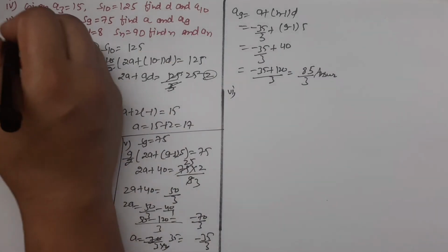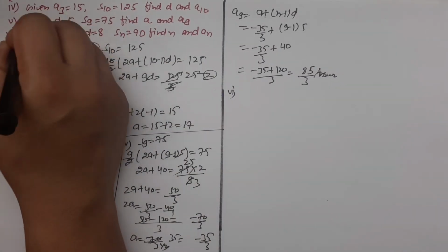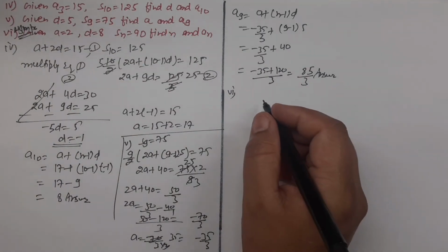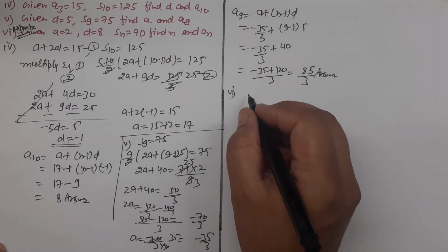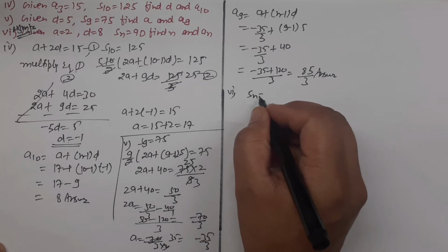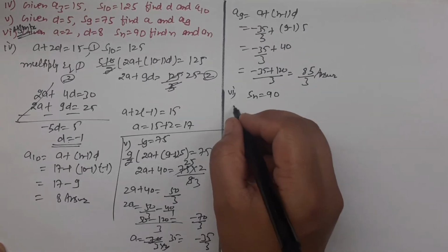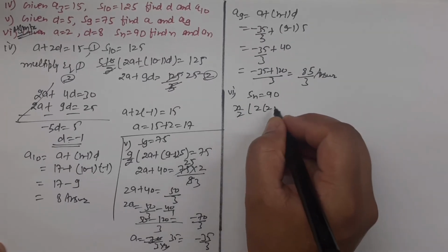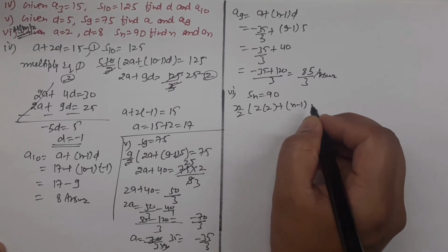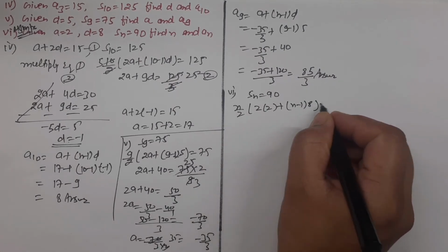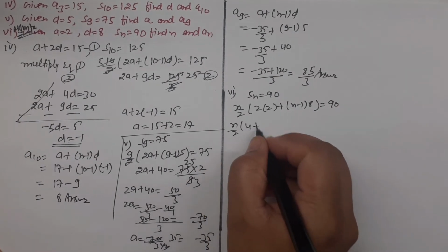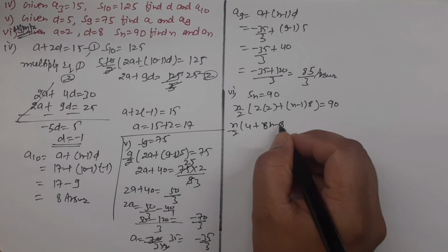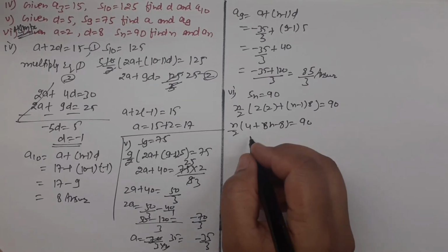Now the next, 6th part, most important. a = 2, d = 8, S_n = 90, we have to find n and a_n. S_n = 90, formula n by 2, 2a plus (n minus 1)d, d is 8, equals 90. 2 2s are 4, 8n minus 8 equals 90.